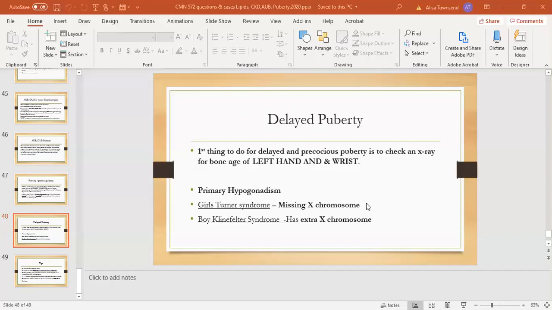Primary hypogonadism: girls, Turner syndrome, think about that. You get the missing X chromosome. Boys, Klinefelter syndrome, the extra X chromosome. Girls with Turner syndrome will usually have shorter stature. You'll see the webbing of the neck.